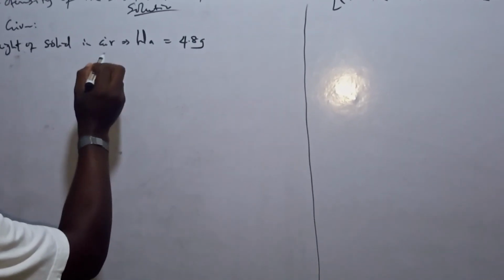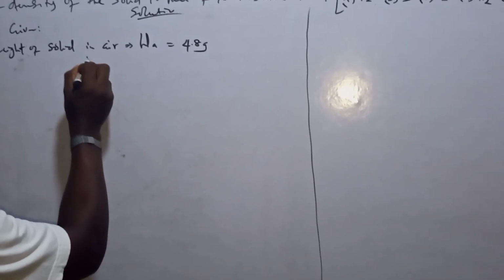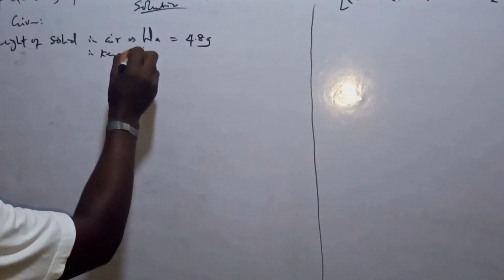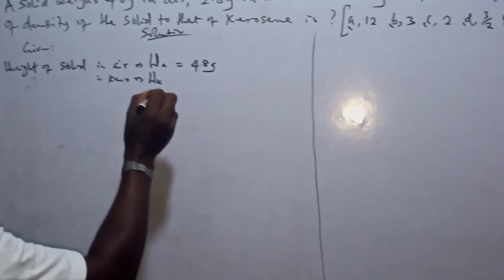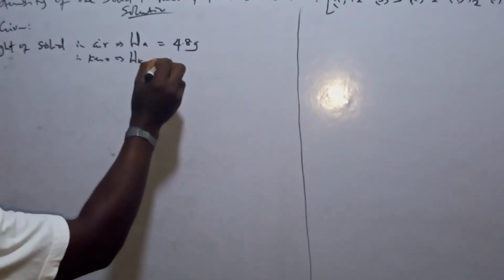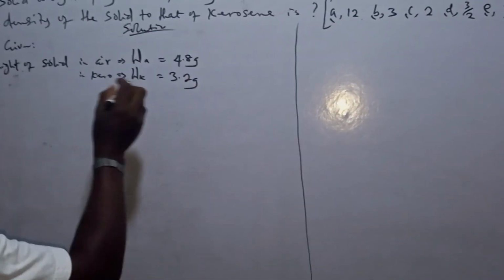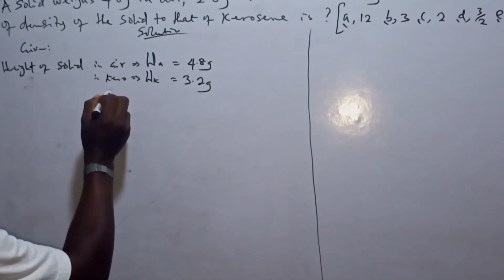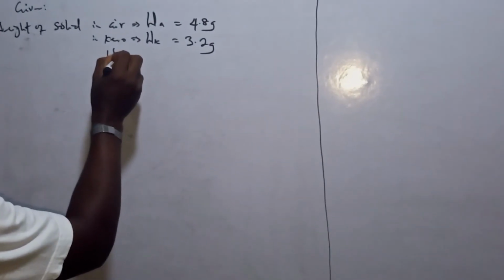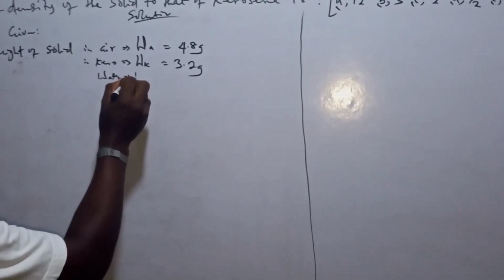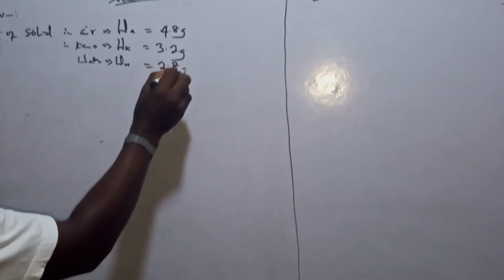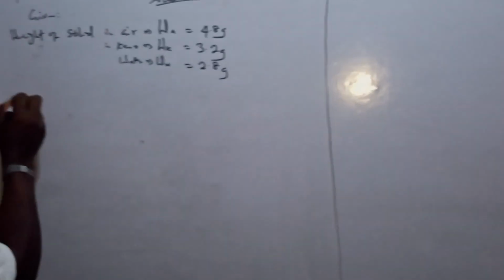Also, weight of solid in kerosene, presented as WK, is equal to 3.2 gram. Also, the weight of solid in water is 2.8 gram.